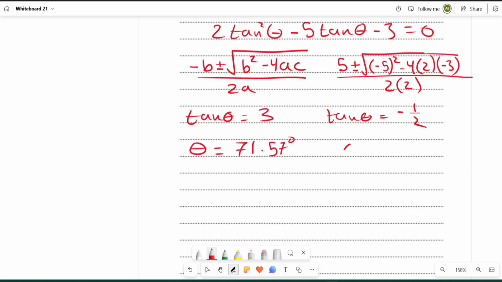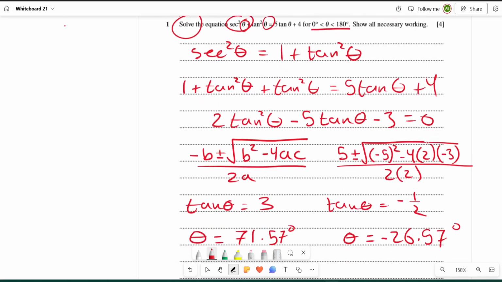Now, if I do that for tan theta equals minus 1 over 2, shift tan of minus 1 over 2 is going to equal minus 26.57 degrees. However, my range is from 0 to 180, so clearly this is outside of my range.